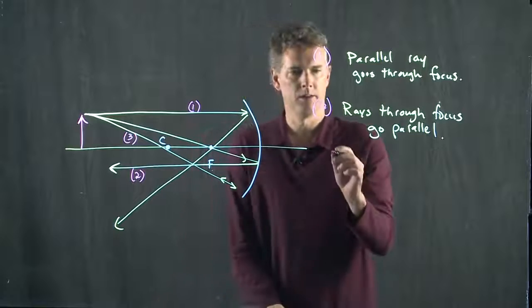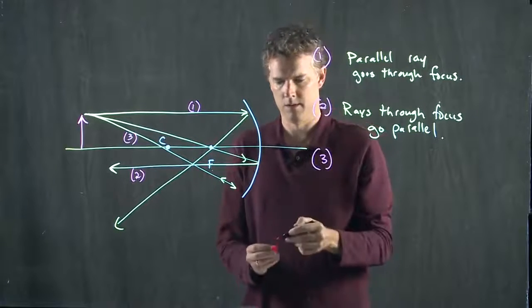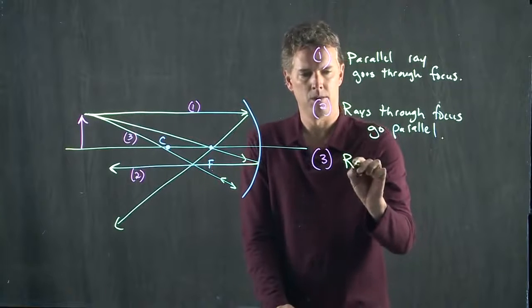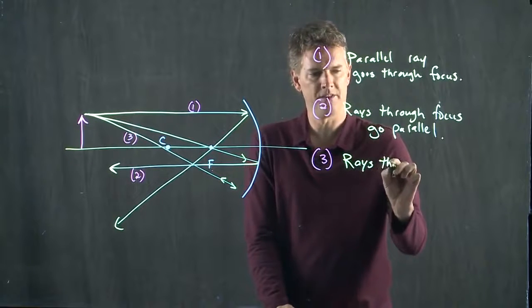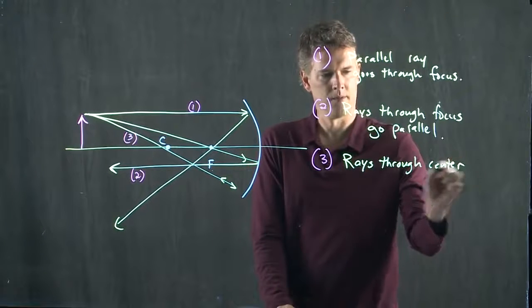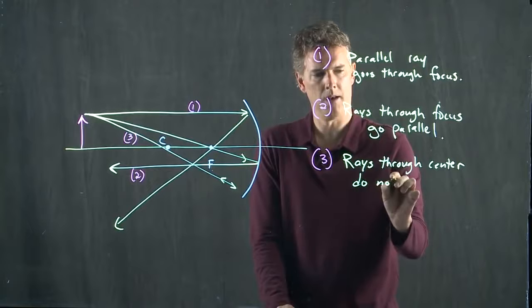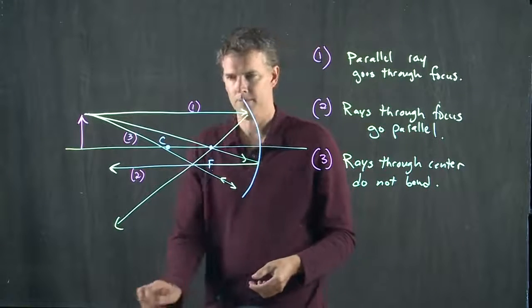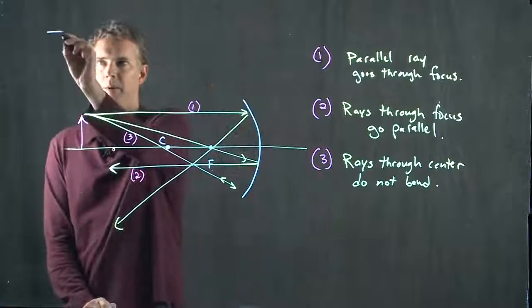And the final rule is this ray number 3. Rays through the center do not bend. This is image formation.